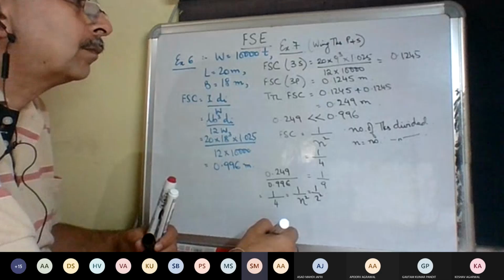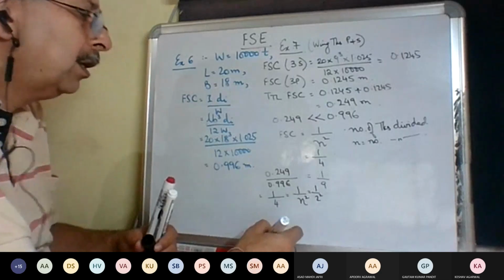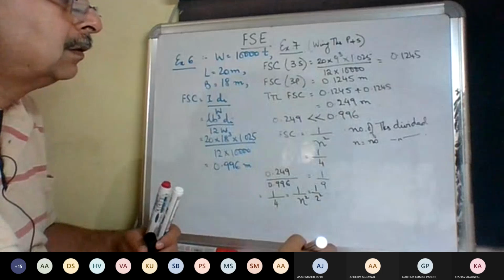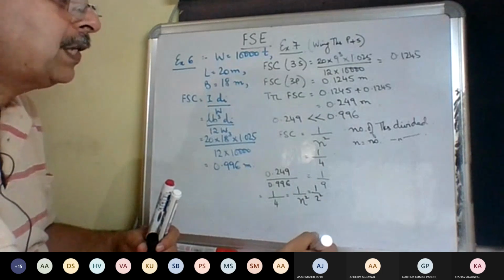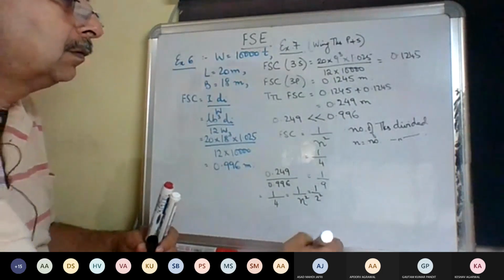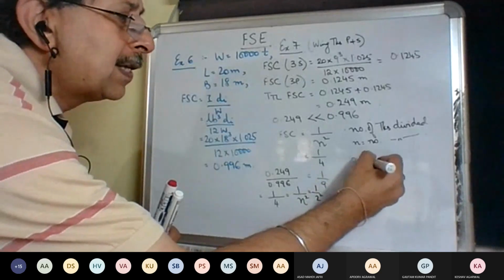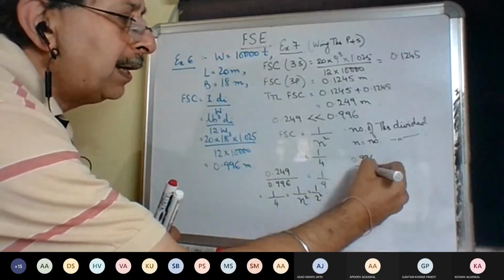Yes or no? Yes, sir. Okay. So अगर मैं इसको 3 में करता डिवाइड, तो can you tell me the FSC? It will be 0.996 divided by 3 square.